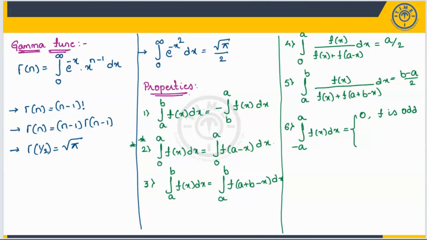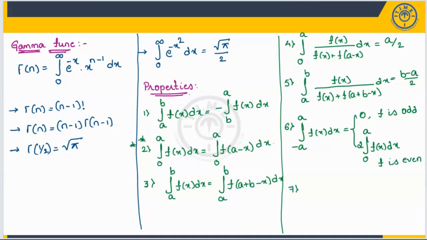And in the same way, there is 2 times integral from 0 to a f of x dx, provided f is even. So if f of x is an even function, then the integral will be twice, that means twice the half of that interval.